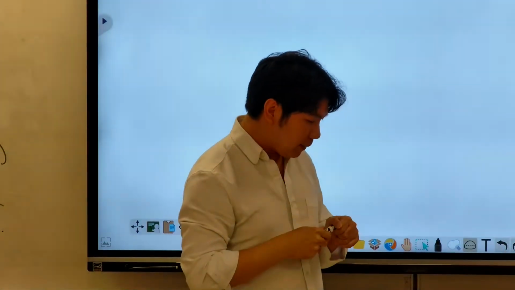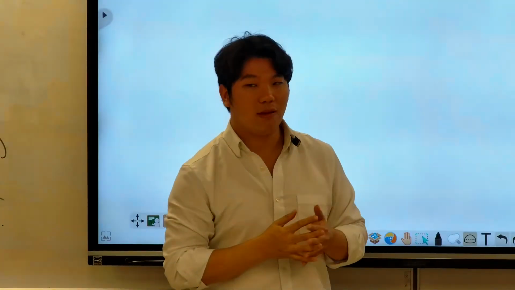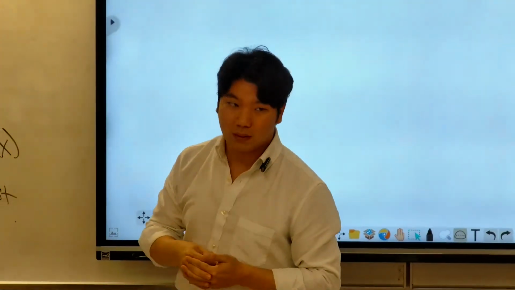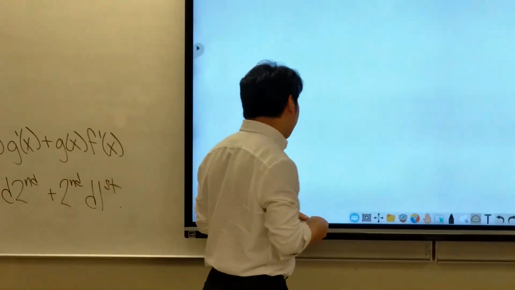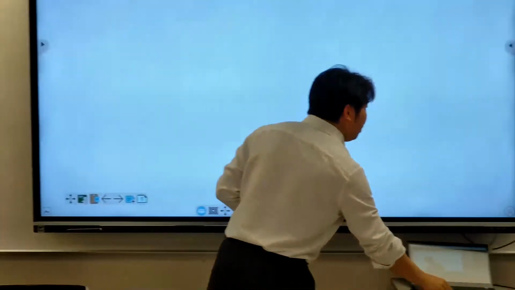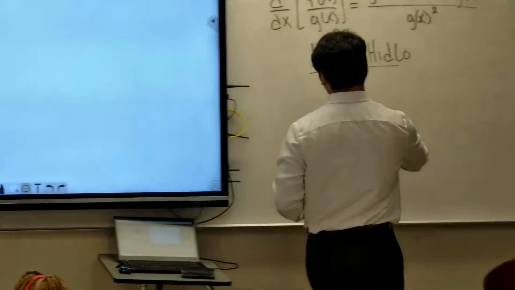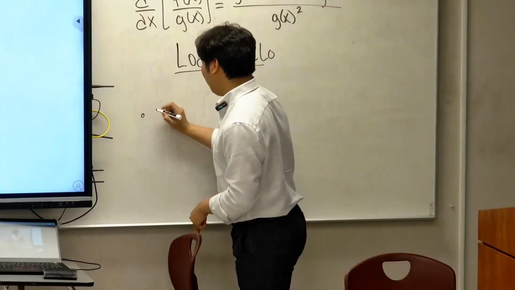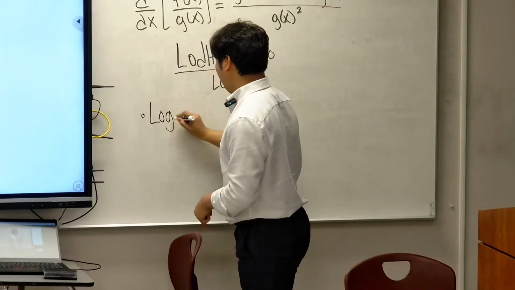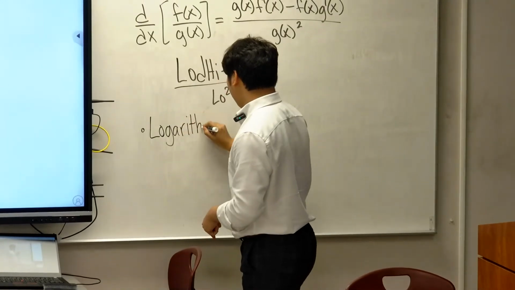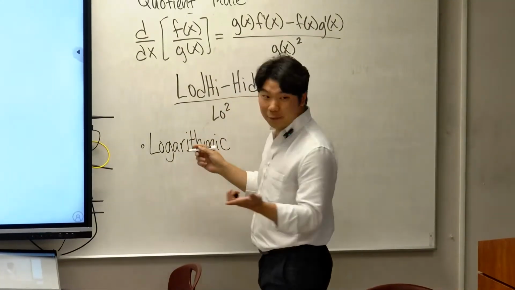Give me another rule. Any of the rules or any specific derivatives. Natural log. We just did that one. Let's see. I have some room down here. So talking about the logarithmic function. In particular, if I want to be exact, technically we did the natural log.